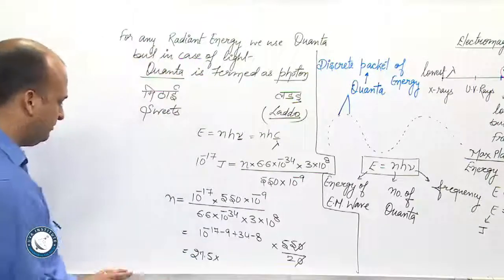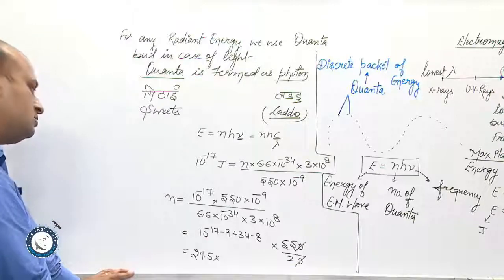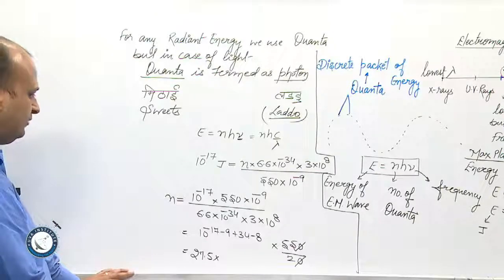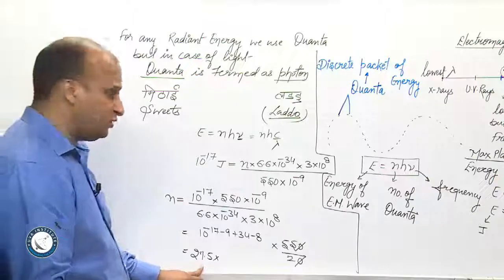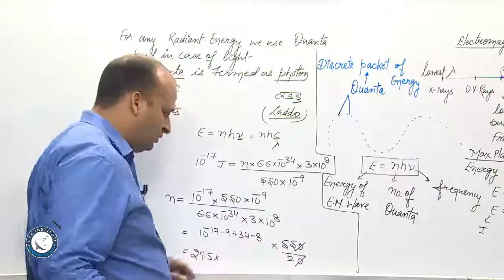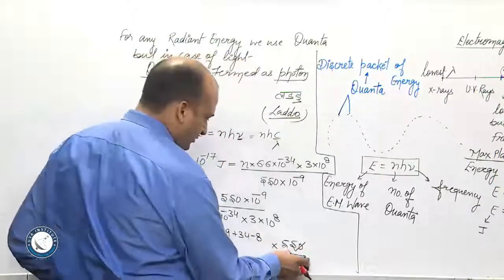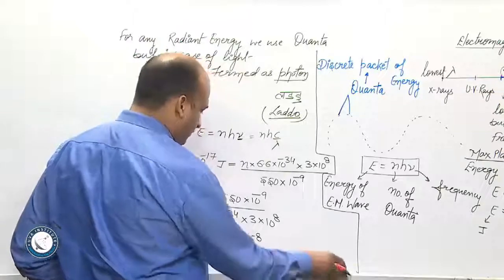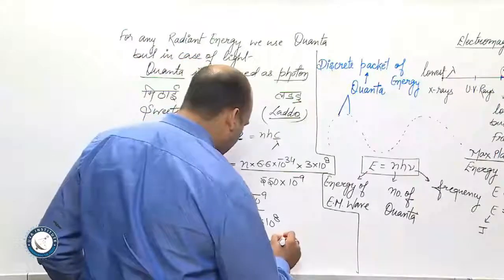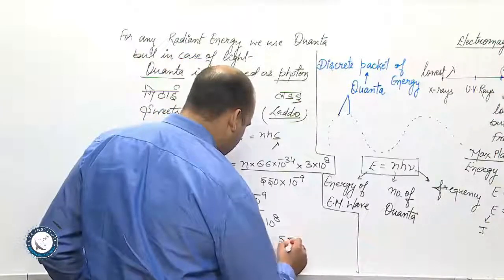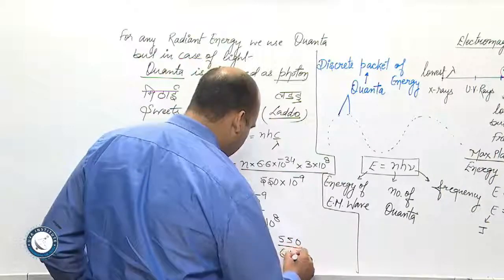So there is some calculation error that we would be having, because 0.5 is not possible. So maybe we have to solve this part properly, 550 by 6.6 into 3.